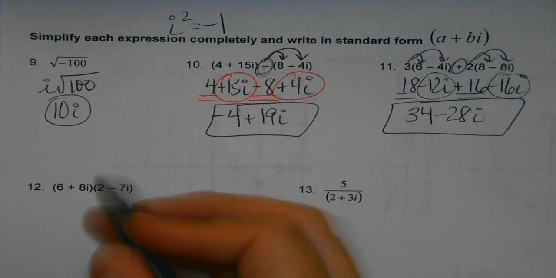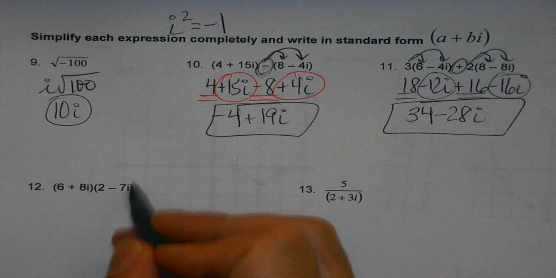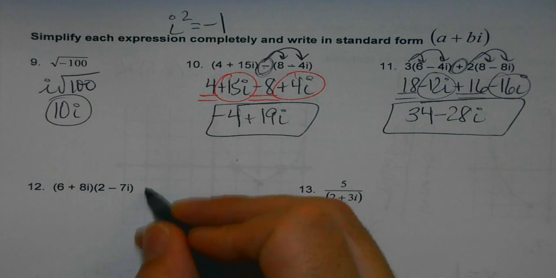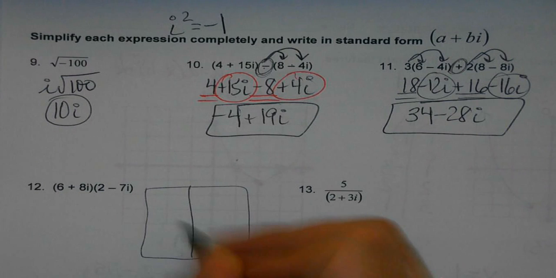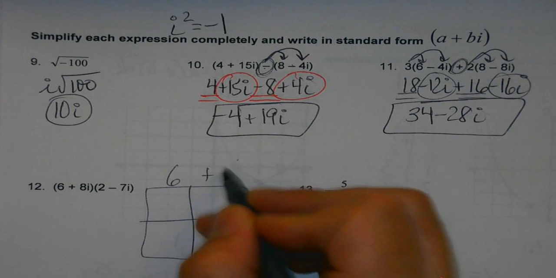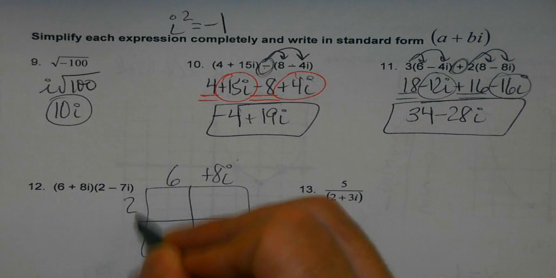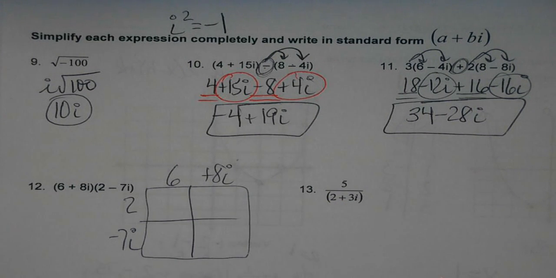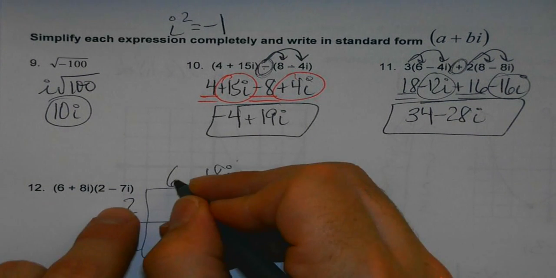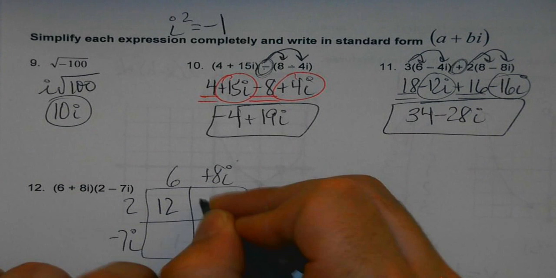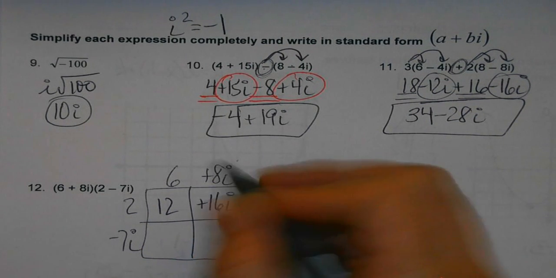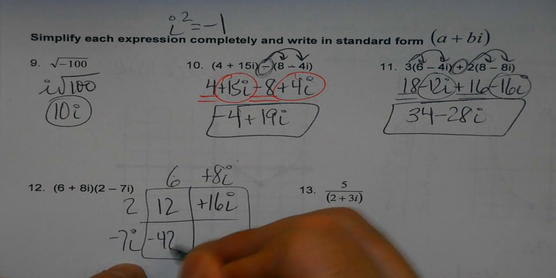Whether you're going to use classic FOIL and do it out like this, maybe you're going to make yourself a box. Again, you're just multiplying the pieces on the edge. Still have to watch my signs, though, when I'm doing this.